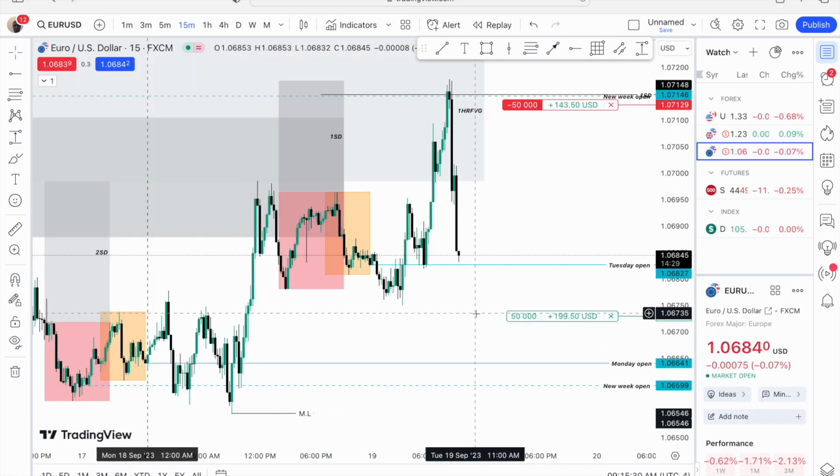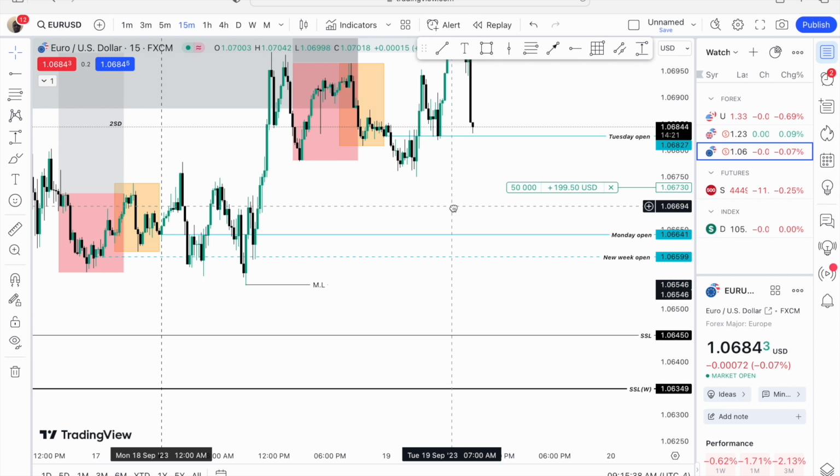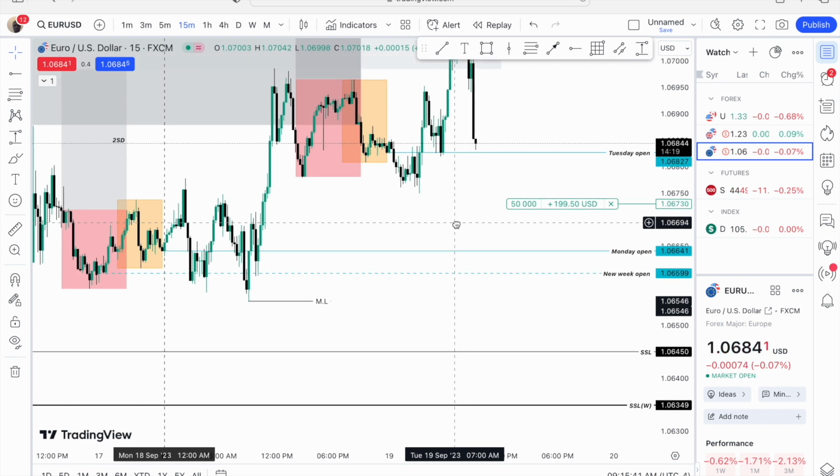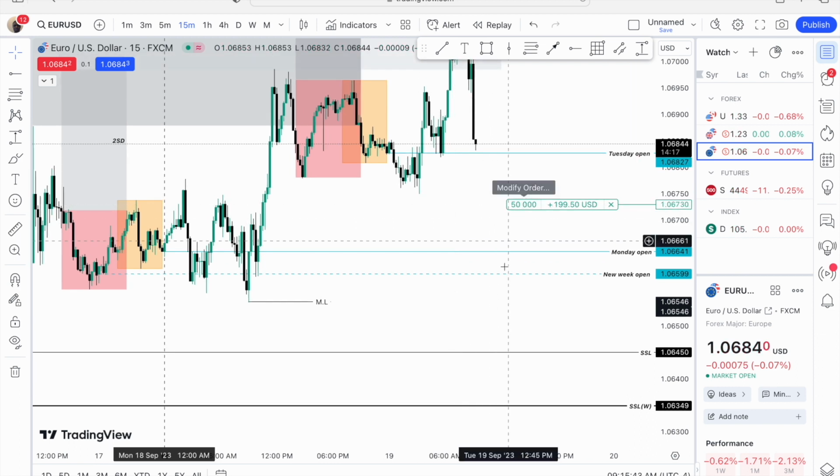I actually don't want to close the entire trade, so when we get down to here, I will take our next partial on both, and I will move my take profit to in here.